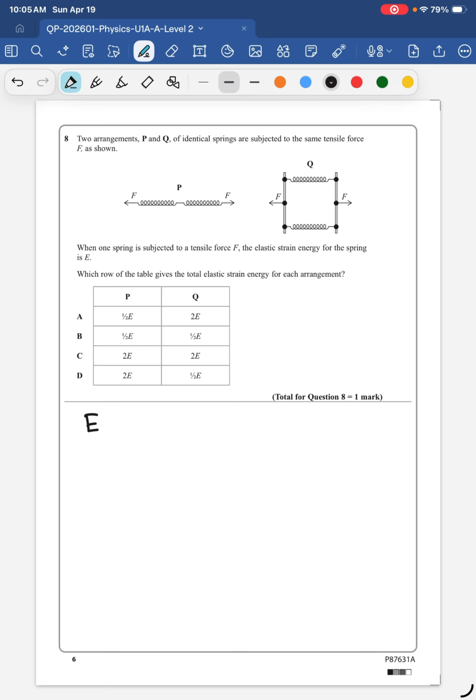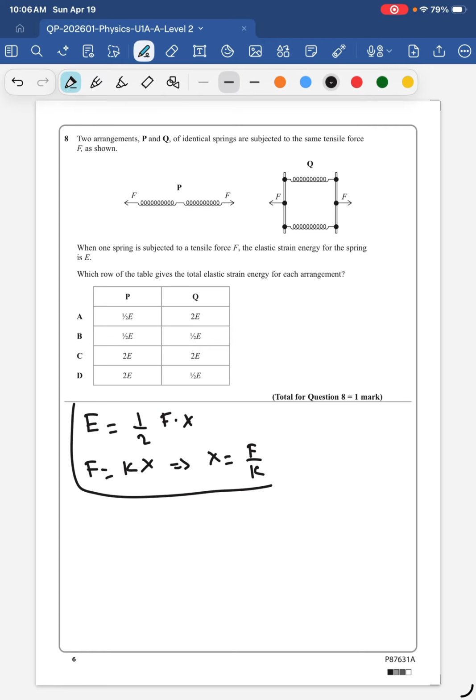For one spring, we have that the energy is 1/2 F times x. And we also have that F is kx, which means that x is F over k.